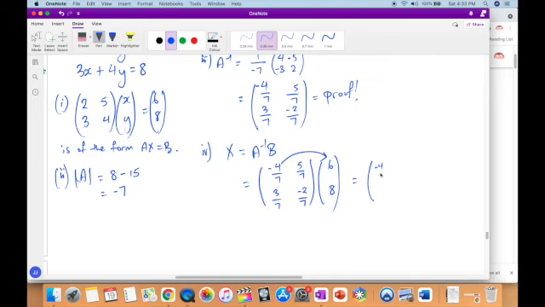Negative 4 over 7 times 6, plus 5 on 7 times 8. And then underneath, I've got 3 over 7 times 6 plus negative 2 over 7 times 8. 6 fours are negative 24 over 7. Oh no, I didn't add. 5 eights are 40 over 7.